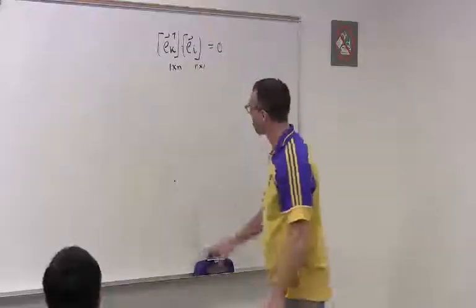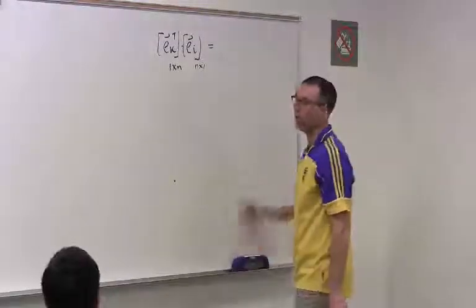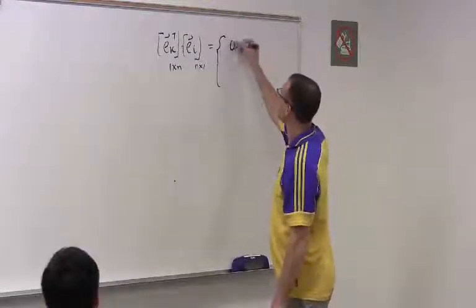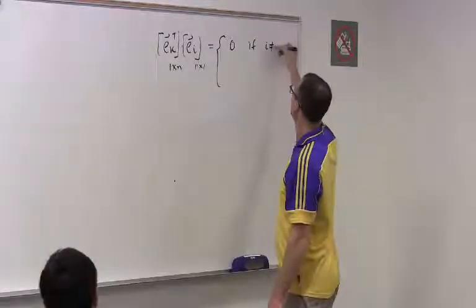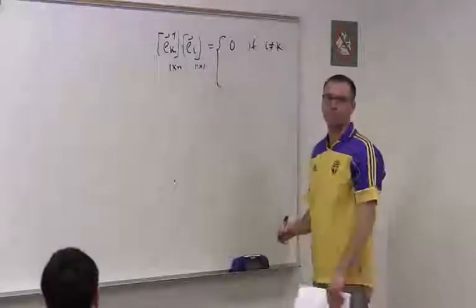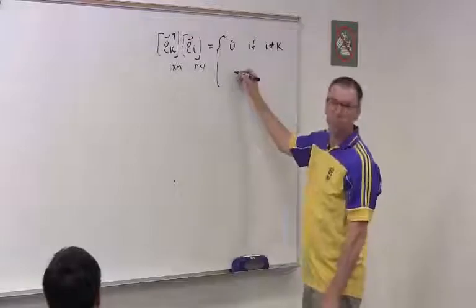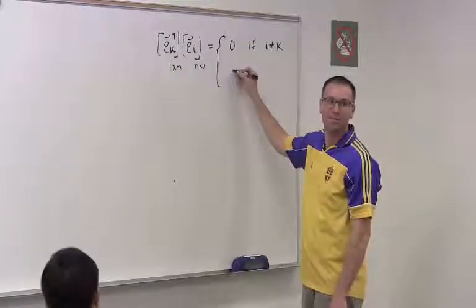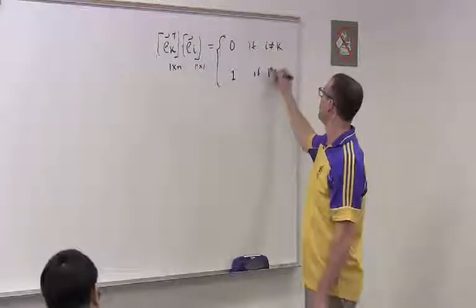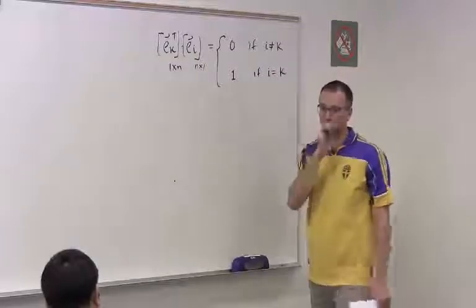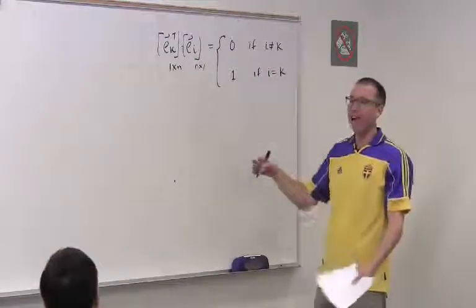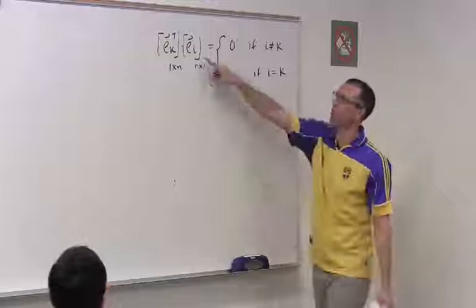And in fact, this is something called the Kronecker delta function. Can you guess what's going to happen if they're equal? It's called the Kronecker delta function because you're literally just picking off. If they match, then you get 1 because the 1s are in the same location.